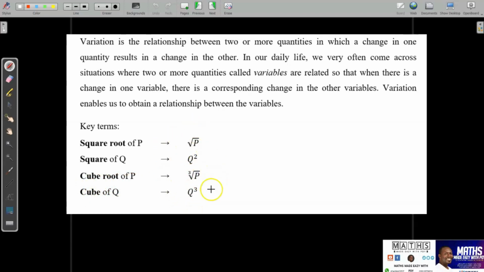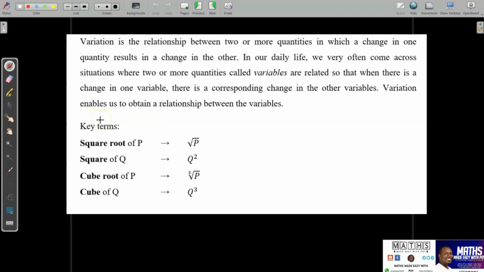These are some symbols you've already seen early on when you were writing equations. Based on the concept we are going to consider today under variations, there's a need for you to refresh your memories on these key terms. So that is basically our discussion for today.